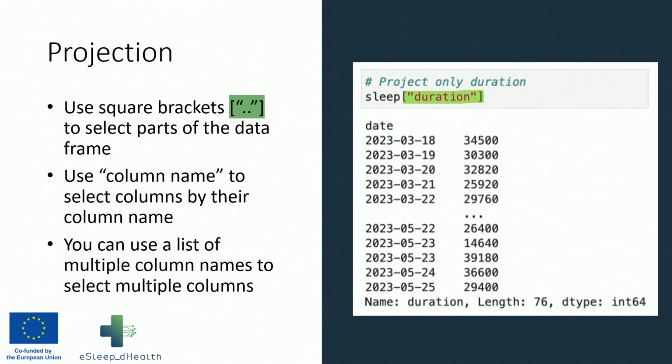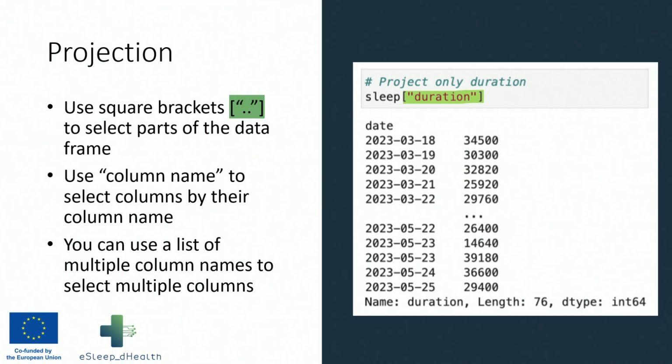Now another operation is called projection. We use the projection to only look at certain parts of the data frame. We use square brackets for that, and we type in the square brackets which part of the data frame we want to look at.